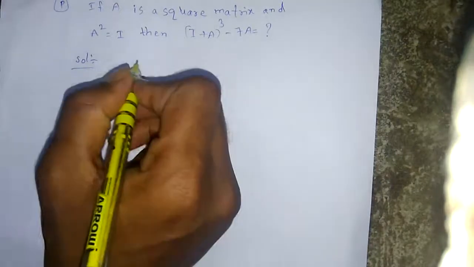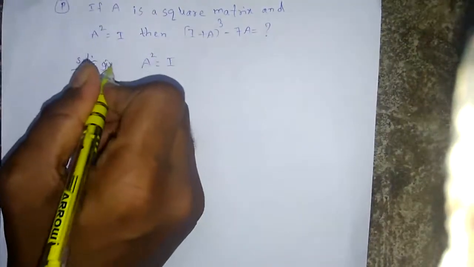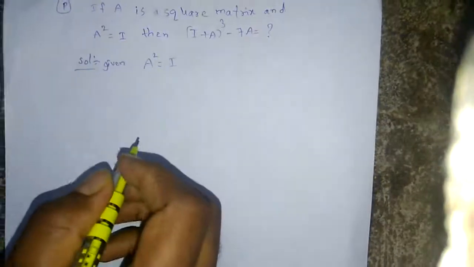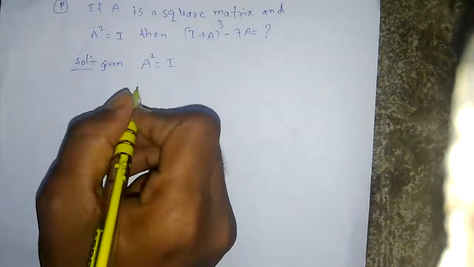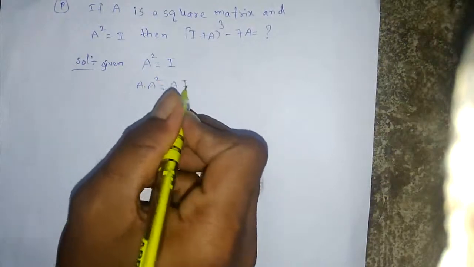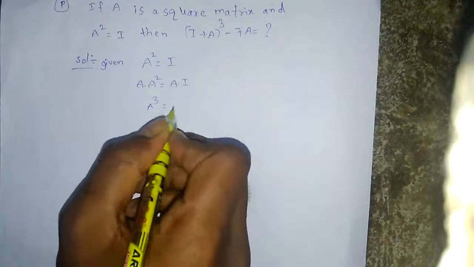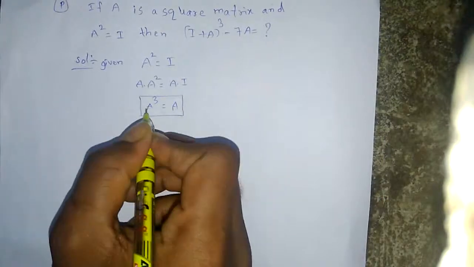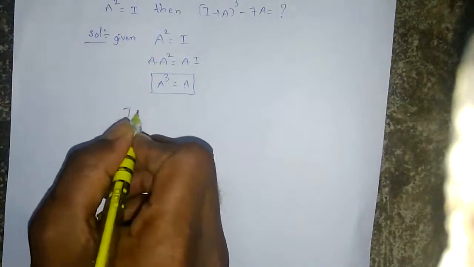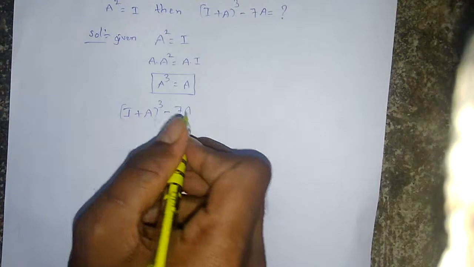Okay, here given A square is equal to I, so multiply by A on both sides, that is A into A square is equal to A into I. A into A square will be A cube, A into I is equal to A. Now we need to find the value of I plus A whole cube minus 7A.